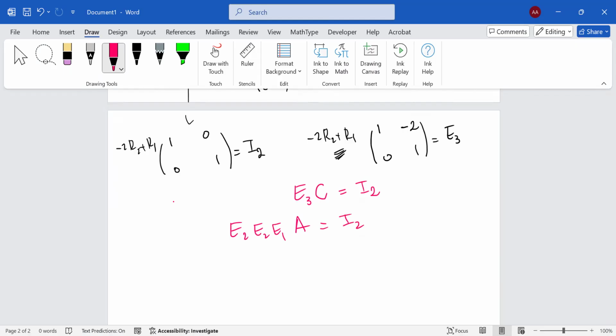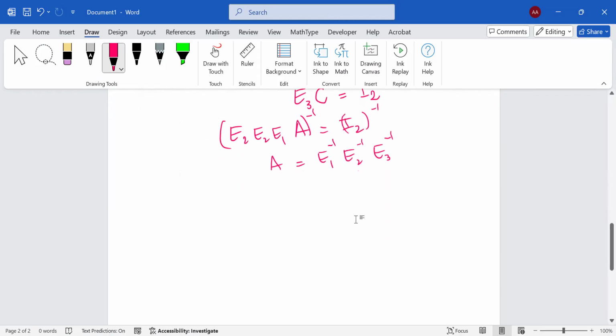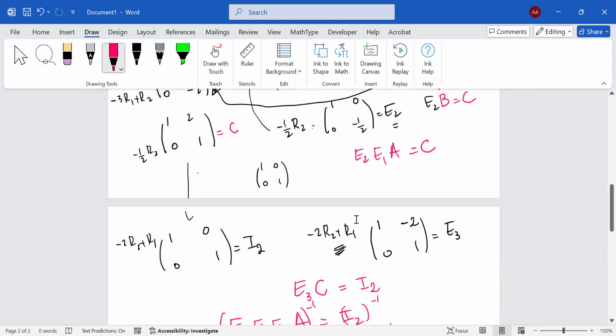So now I solve for A. If I take the inverse of everybody here, I get A equal to E1 minus 1, E2 minus 1, E3 minus 1. So basically, if I multiply the inverses of each elementary matrix, I get A. So now I just need to find them.